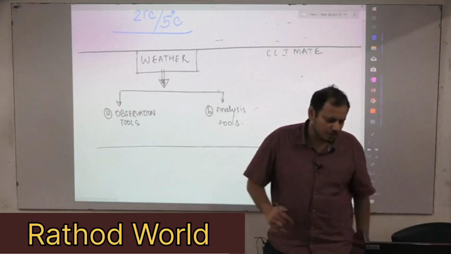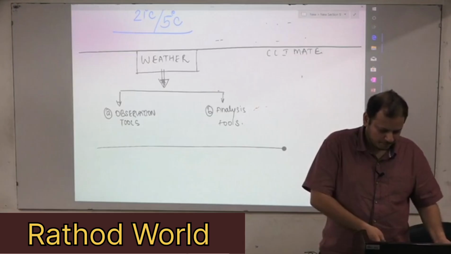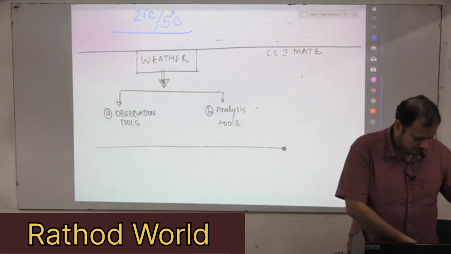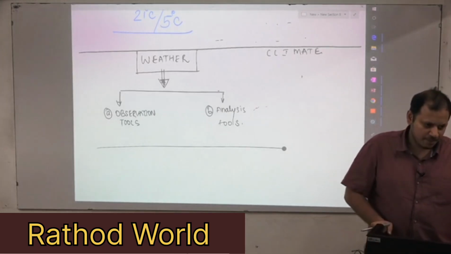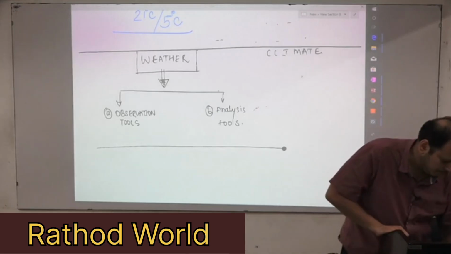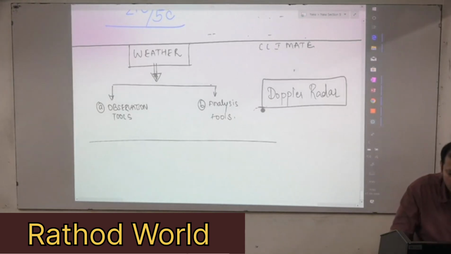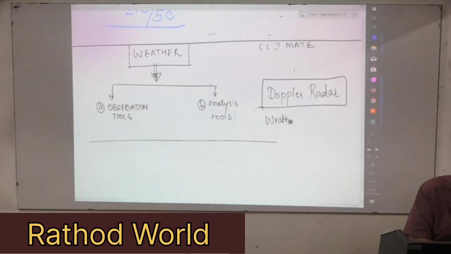The observation tools include Doppler radar, weather stations, and buoys.